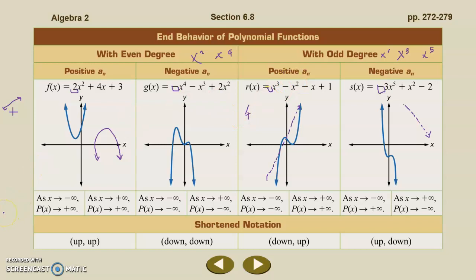So if you can relate these to linear functions on the up and on the down, it will help you remember which direction our tails go here. So positive even degree, both up; negative even degree, both down. Positive odd degree starts down and goes up, and negative odd degree starts up and goes down.